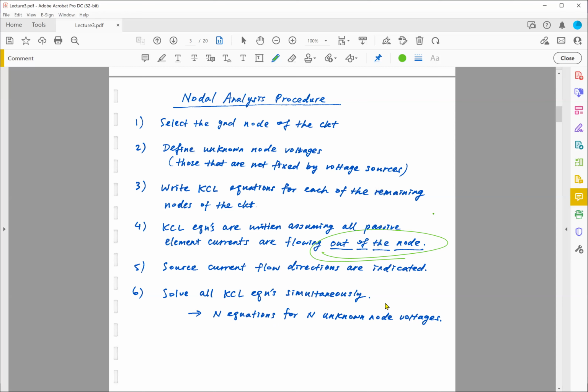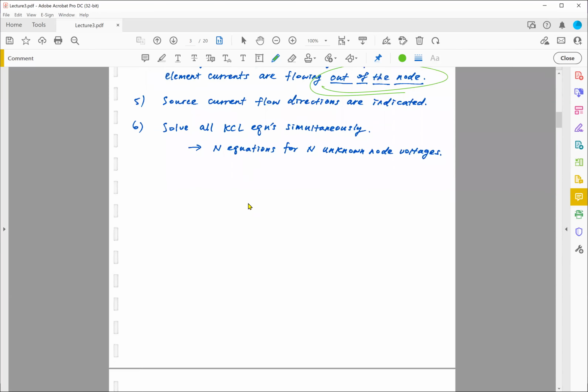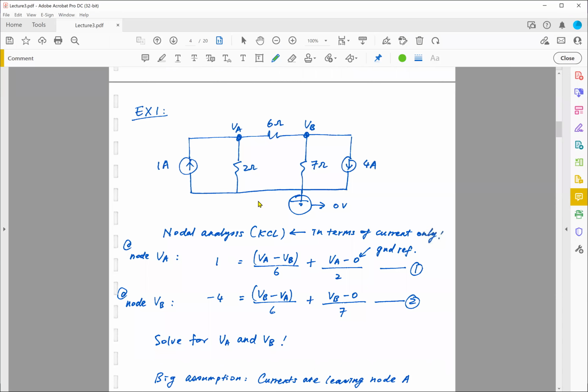So I'm going to go through some examples first, and then we will come back to this procedure so that you understand what this means step by step. So this is the first example. I have two current sources, and I have 3 resistors connected in this way.